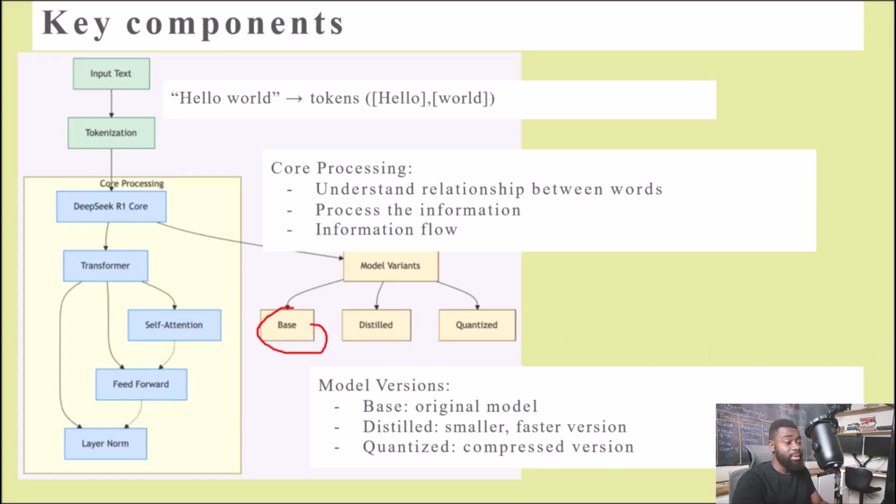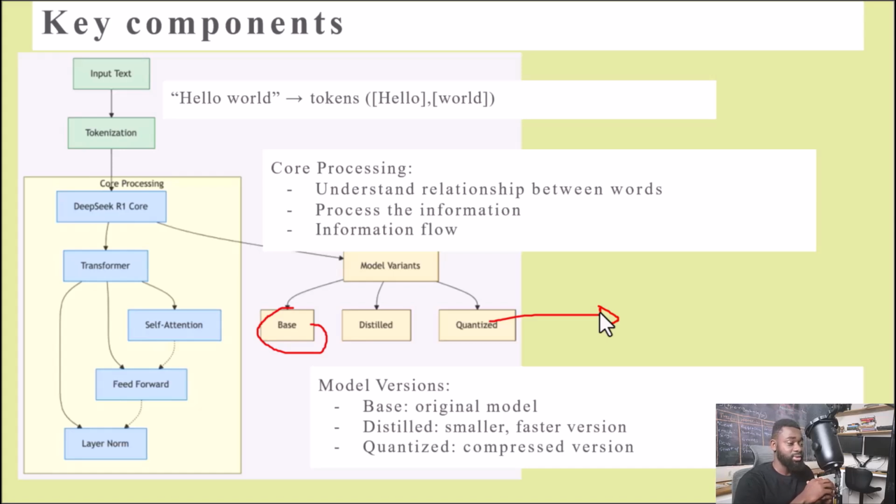Remember, these large language models are computationally intensive. We also have quantized, which just means we take a really large language model and compress it, a compressed version of the large language model.